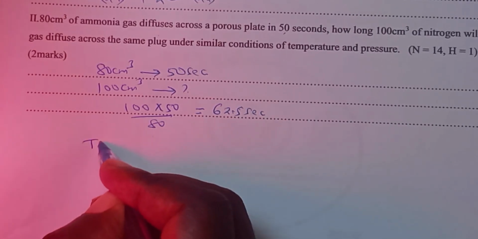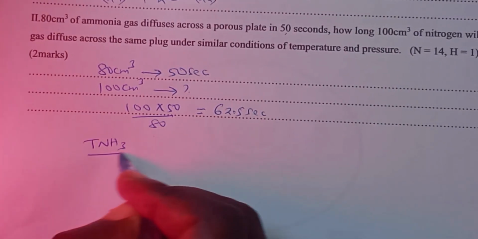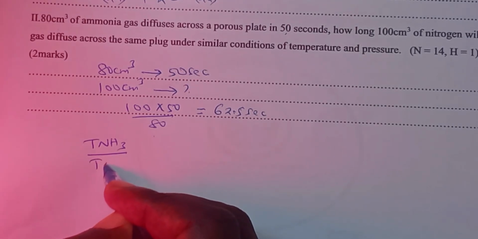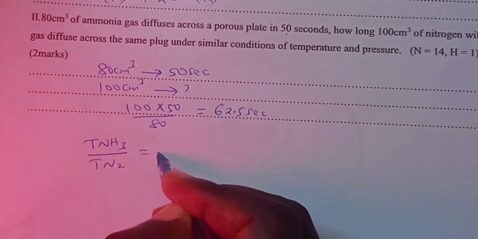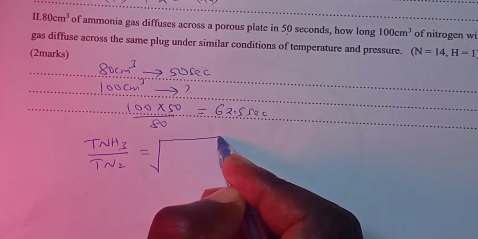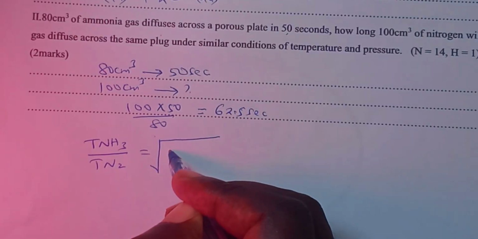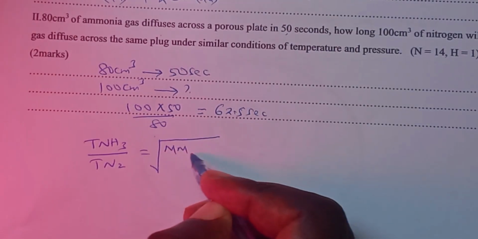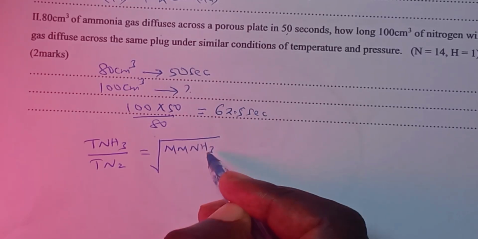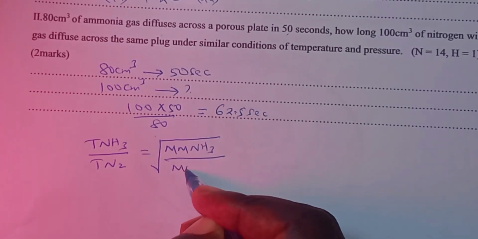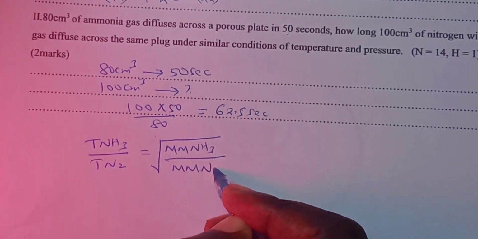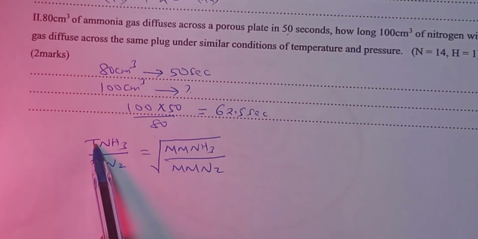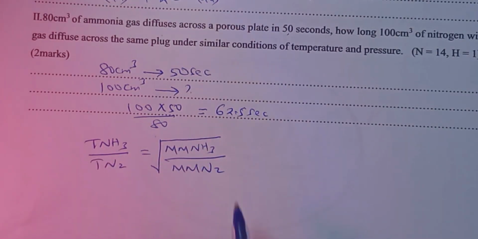After getting that, remember we say that the time of ammonia divided by the time of nitrogen is directly proportional to the square root of the density of ammonia, that is actually the molecular mass of ammonia, divided by the molecular mass of nitrogen gas. You can see time is directly proportional.